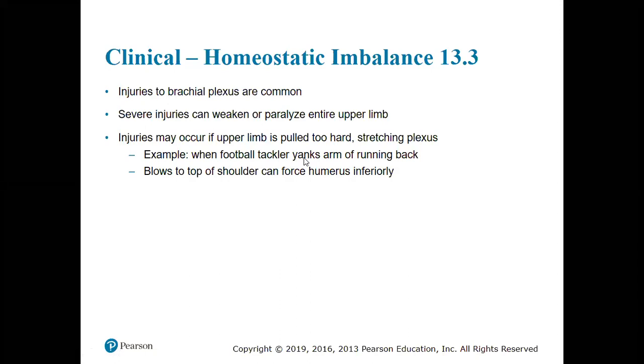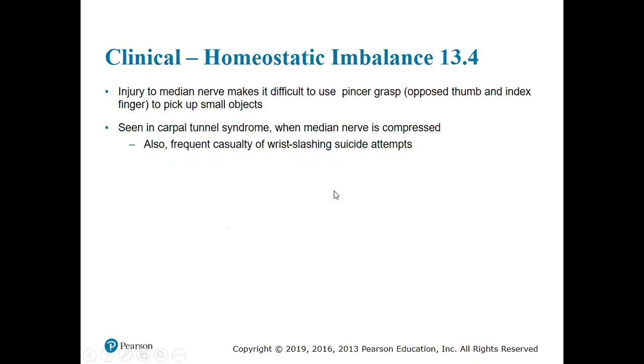It's kind of a weak play on the tackler's behalf: they grab the arm, dig their heels in, and swing the individual back. Yes, the brachial plexus can get really hurt on that, and it could affect the entire upper limb, and they may not even be able to use it. Maybe some therapy over some time. So that's something that can happen.